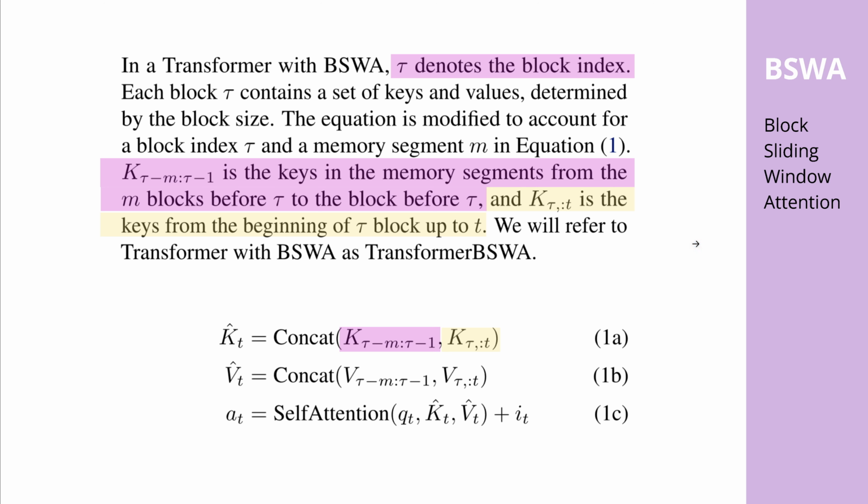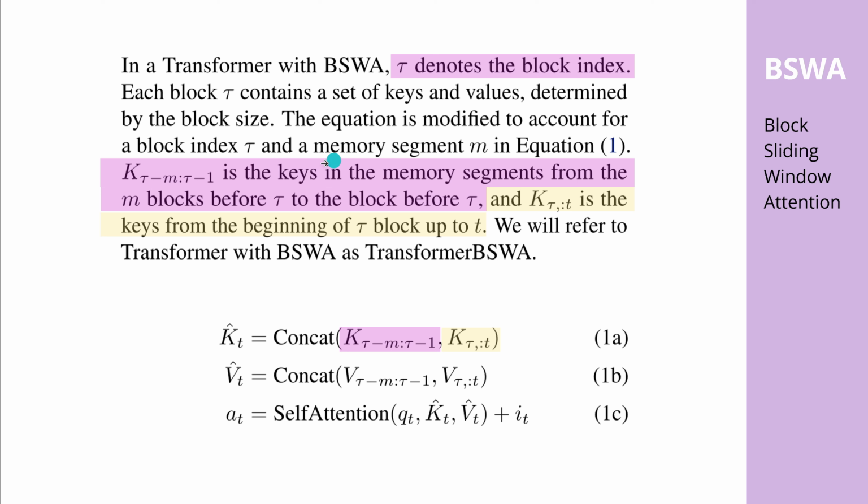So here, let's go here in detail. So in this new transformer, in this BSWA, the block sliding window attention transformer, tau denotes now the block index. Each block tau contains a set of keys and values, as we know this, determined of course by the block size. And now our attention calculating equation is modified to account here now for a particular block index tau and a memory segment M for memory.